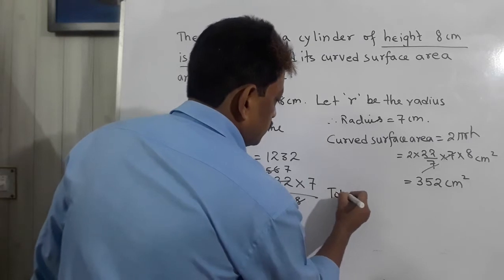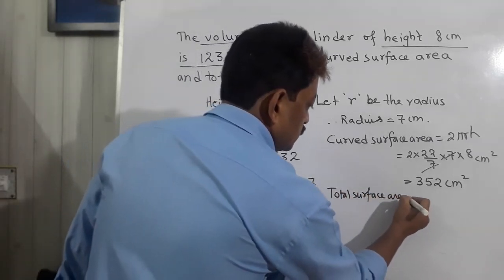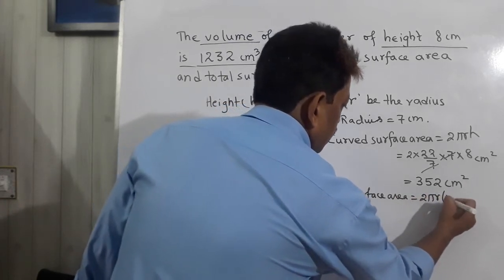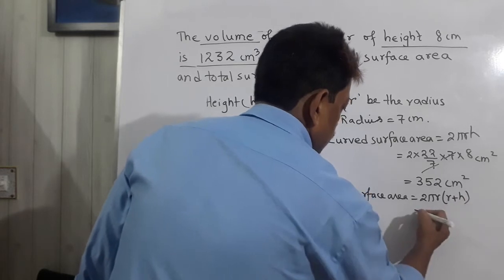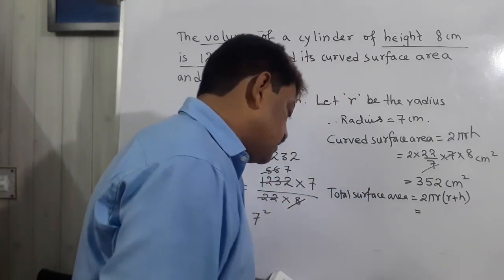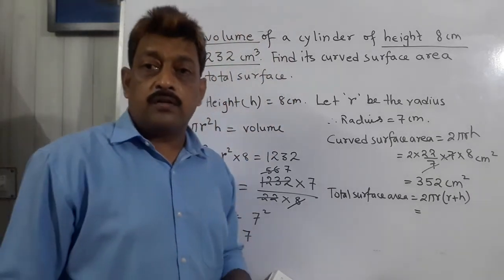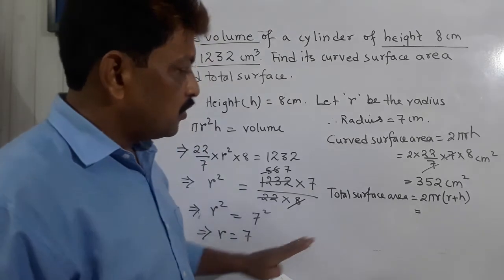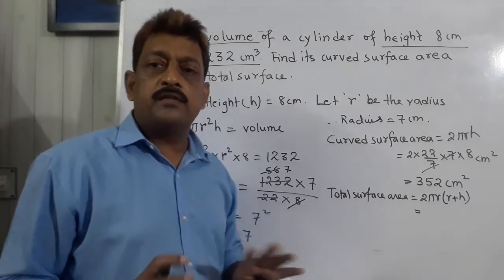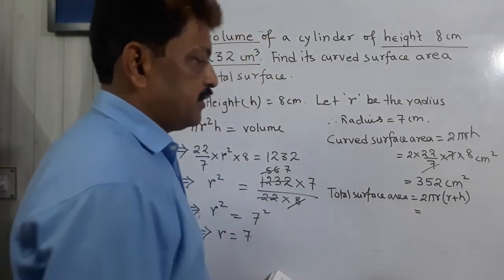Yes. Now the total surface area. So total surface area is 2 pi r (r plus h). Since it is not mentioned in the question whether the cylinder is closed or solid or anything, what we have to do is take the cylinder as a closed cylinder. Therefore the total surface area is 2 pi r (r plus h).